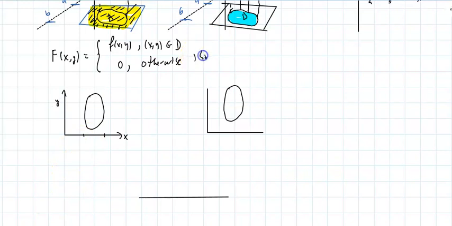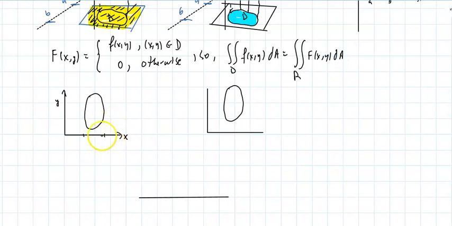So here I could say the double integral over region D of f of x, y, dA is actually the double integral over rectangle of f of x, y, dA. I could do two ways to figure out what this is.